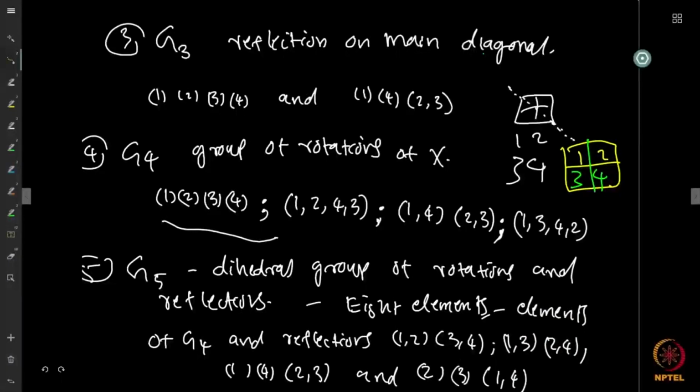Then we can look at the reflection on the main diagonal, right? I can put a mirror on the diagonal and try to find the reflection. So 1, 2, 3, 4 again is there. Now what happens under the reflection on the main diagonal? Of course, this cell will be preserved as it is, this cell will remain as it is, but this will go here and this will go here.